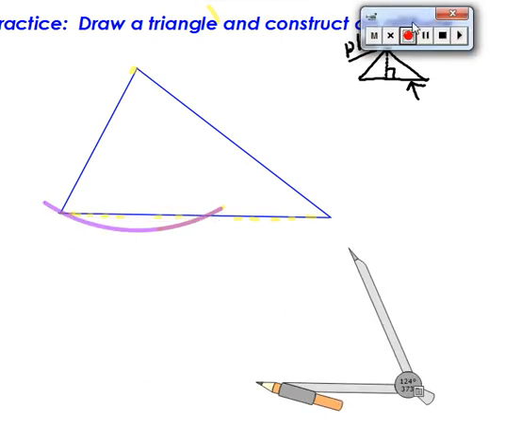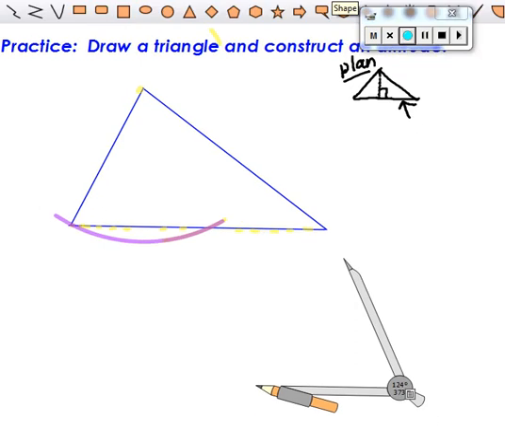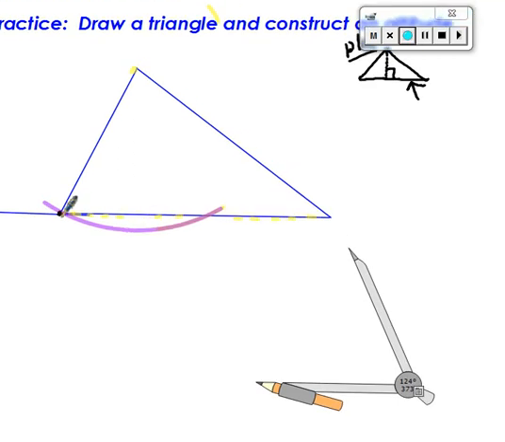If I don't have an intersection here, I can extend my line a little bit further by using my straight edge. So if that ever happens to you, just extend your line. So I see a point of intersection right here and a point right here.